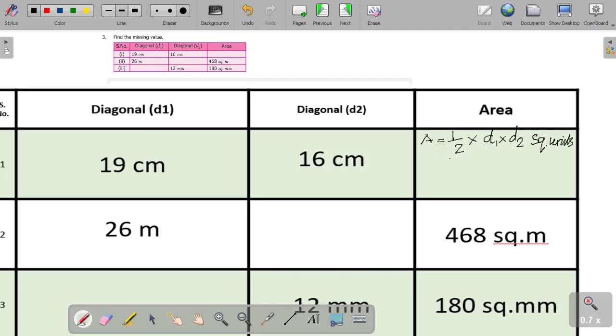Therefore, half into D1 is 19 centimeter, D2 is 16 centimeter, square centimeter. You can easily simplify this. 1 2s are 2, 8 2s are 16.